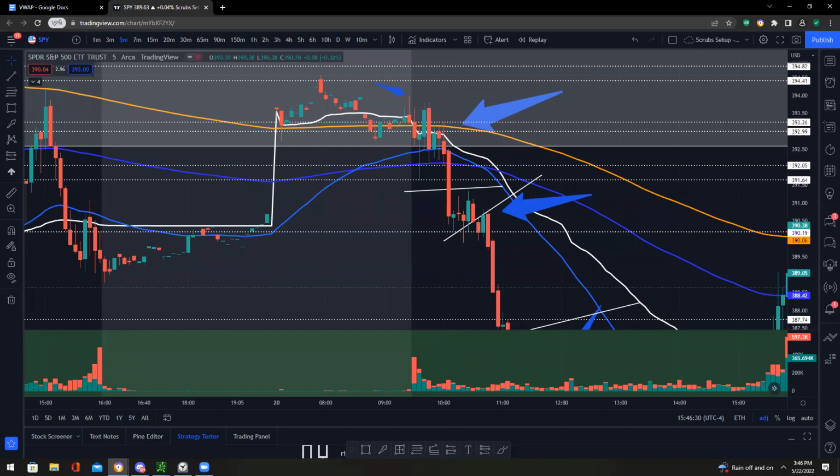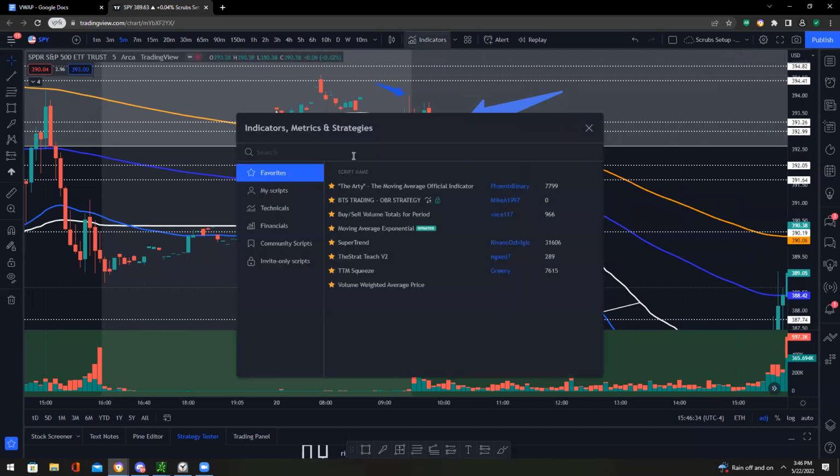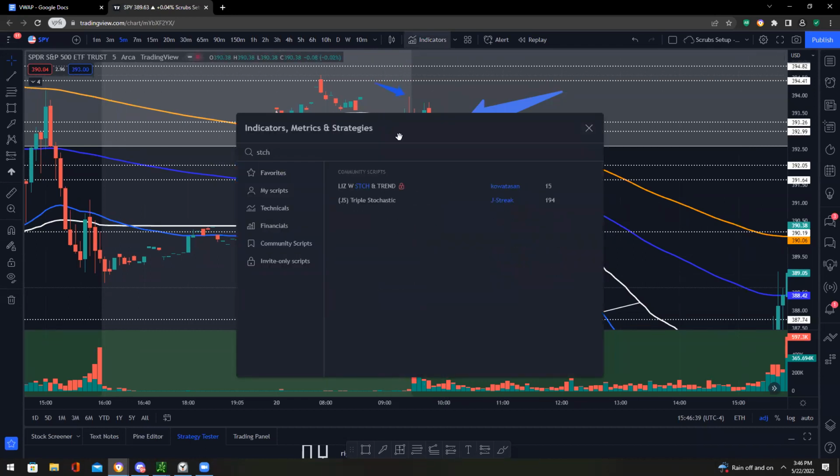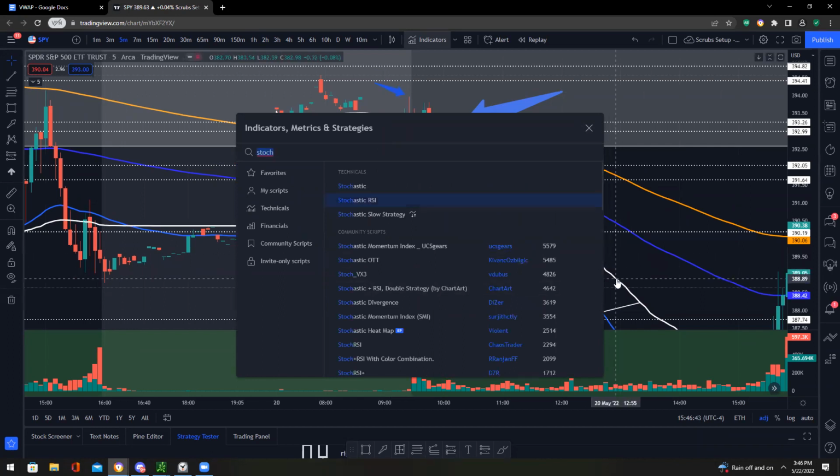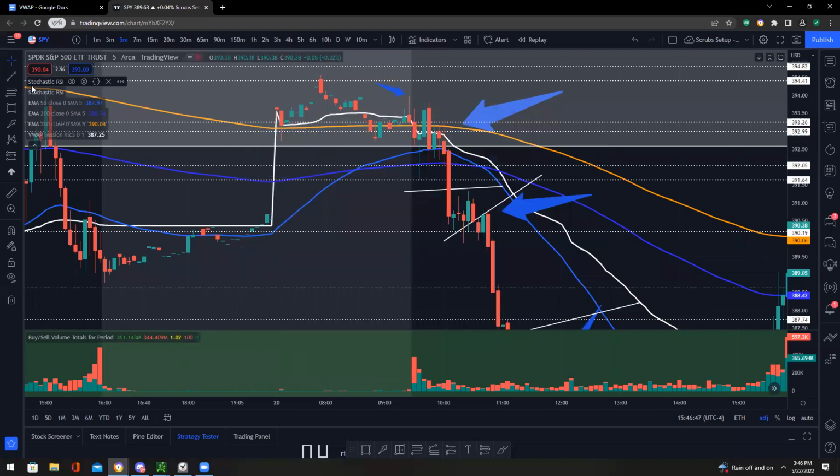Just to really quickly go over what I mean by RSI not being my favorite, let me show it visually. One second here.